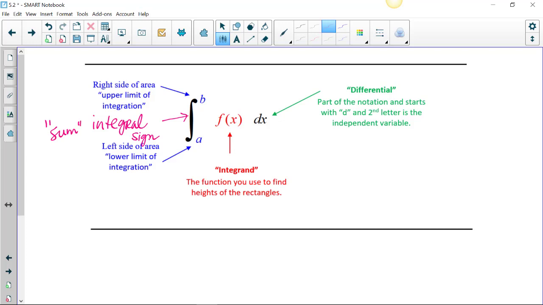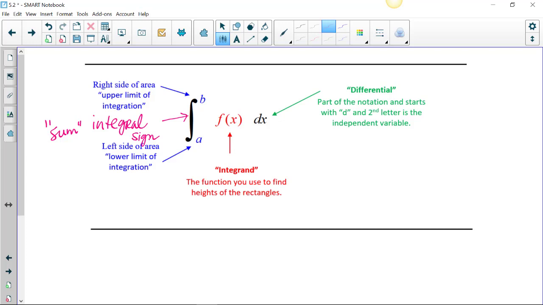So that's our integral symbol. The A and the B, the left side of the area where we're calculating, that left value is what we call our lower limit of integration. The right side of the area is the upper limit of integration. So that's what our A's and B's are.